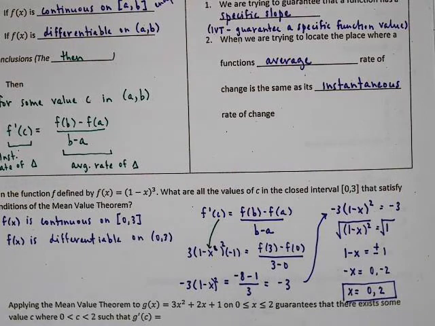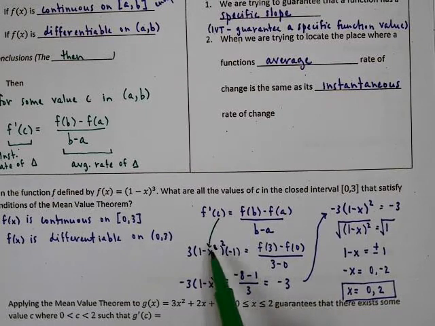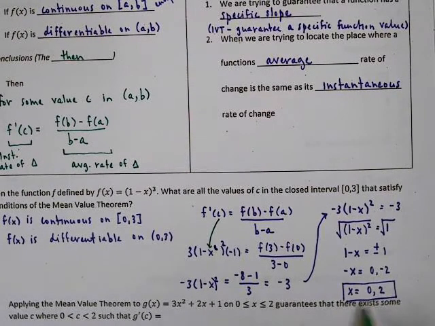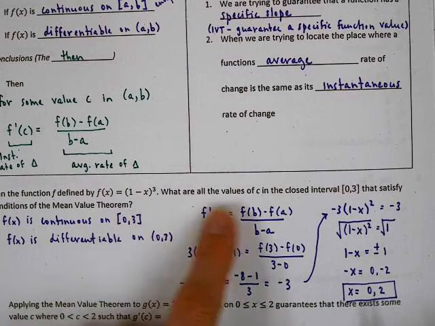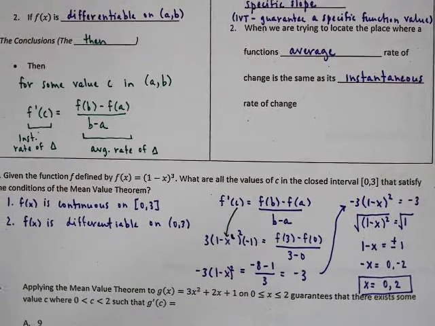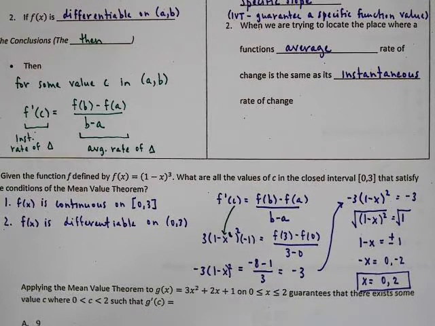All right, so those are our values. Now, what I should have done, I said I was going to substitute for c, and I never did, so technically these x's would have been a c, and then we would have been solving for the values of c that make this equation true. So I apologize for that, but the process there is still the same.